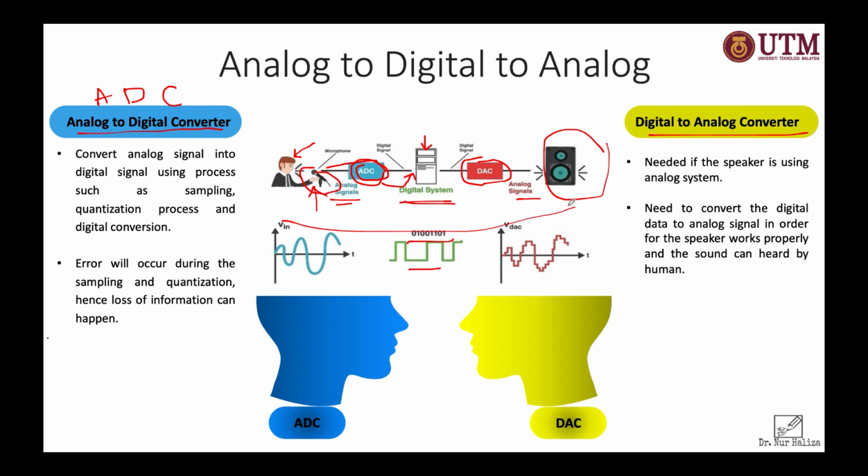So this is how the process looks. It's quite long, right? But if you just say something into the microphone, then you can hear your sound come out from the amplifier or from your speaker directly. But inside of it, there is a process of analog to digital converter and also digital to analog converter. All these systems are built in.